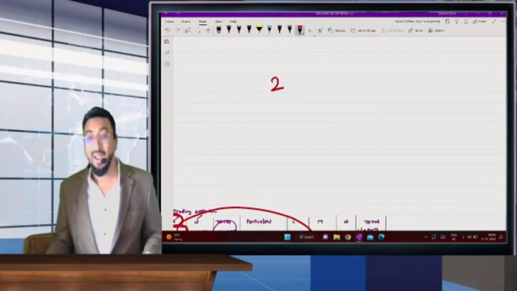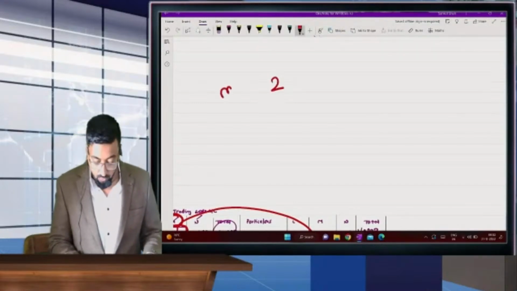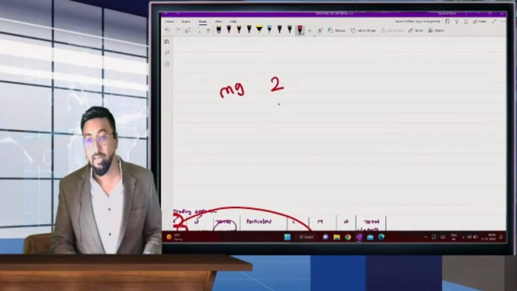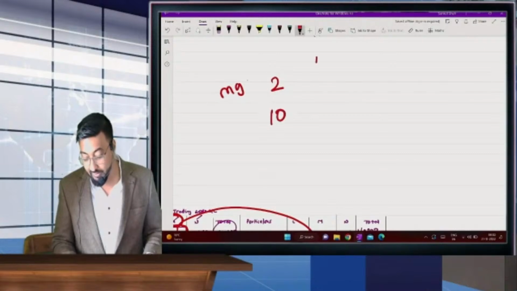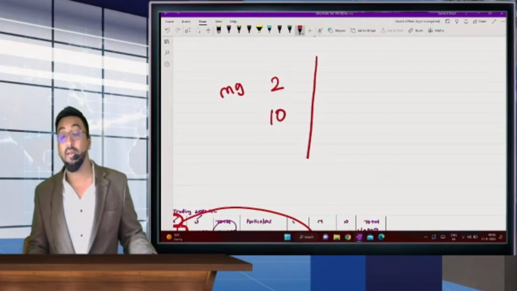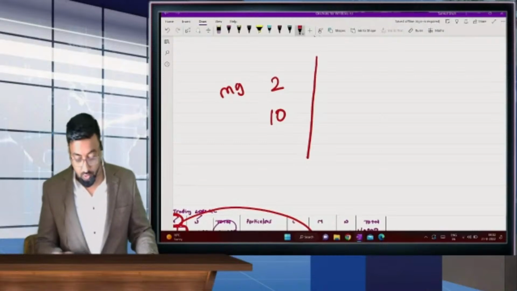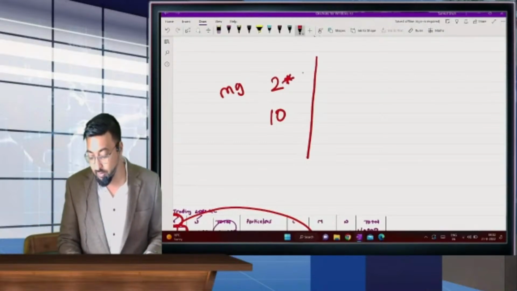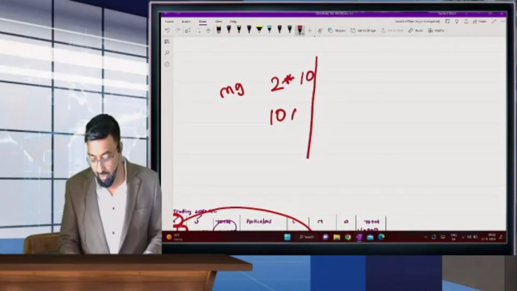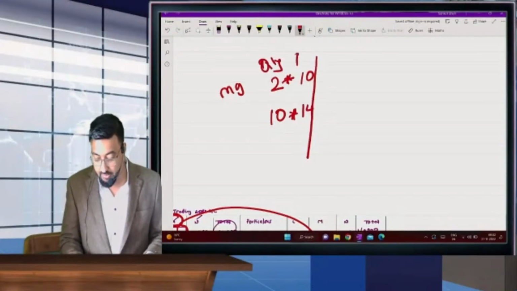I have two Maggies in opening stock. I bought 10 Maggies. So 2 Maggies I bought at 10 rupees, assume, and 10 Maggies I bought at 14 rupees. This is quantity, this is rate.